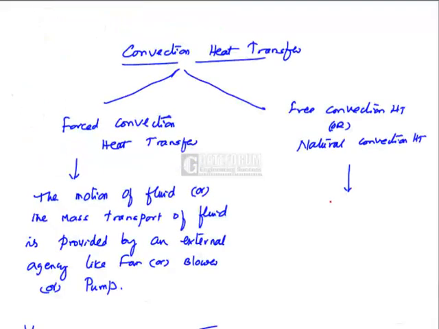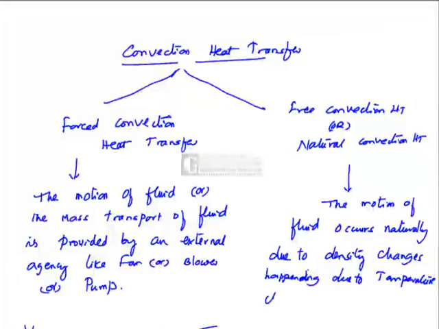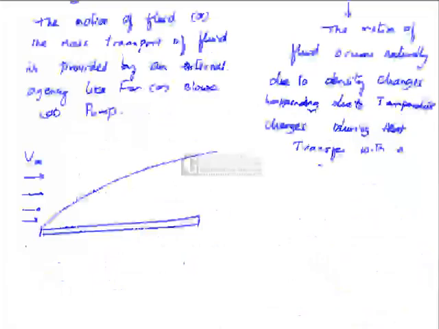In the case of natural convection, the motion of fluid occurs naturally without any external agency due to density changes happening due to temperature changes during heat transfer with a solid boundary.